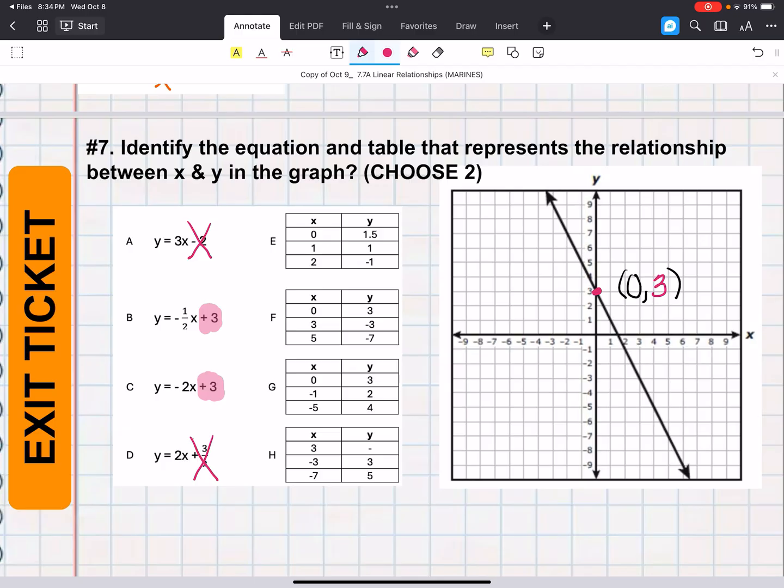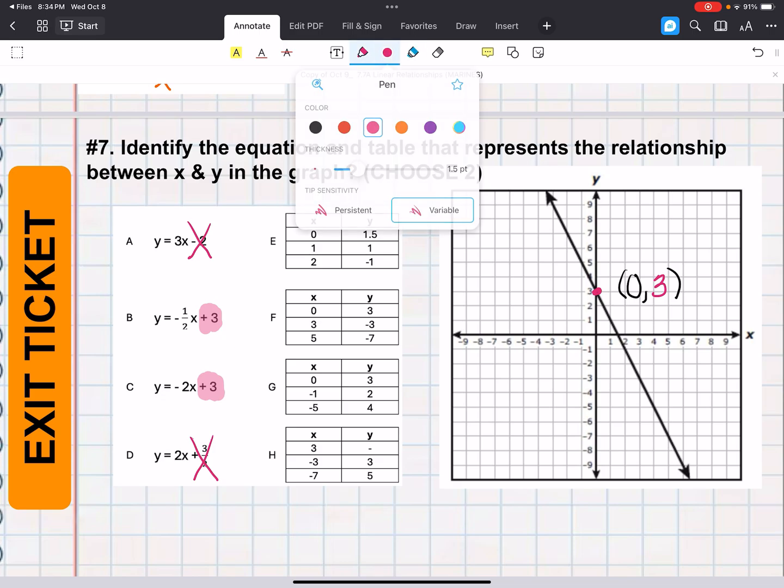From here, another reason why A and D should have been eliminated is because notice how your rate of change is going down. It's decreasing, so it'll be negative. Now we have to figure out, is our rate of change -1/2, -1/2, or -2?